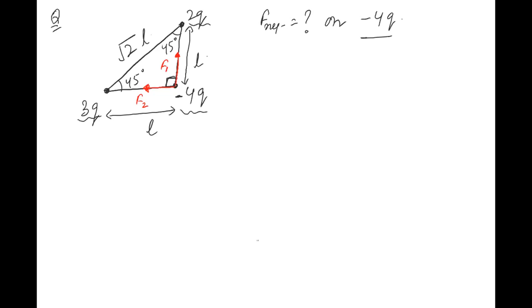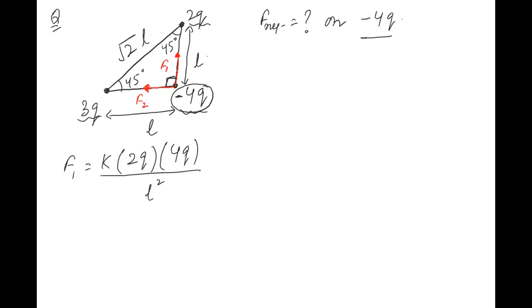So what is the second step? You will find these forces. What will be the value of this F1? Try to understand. K multiplied by 2Q. Although this charge is negative, but I will not use the negative sign. I will only use the magnitude of this charge. Means I will just drop this negative sign. Why? Because you are writing the magnitude of force.